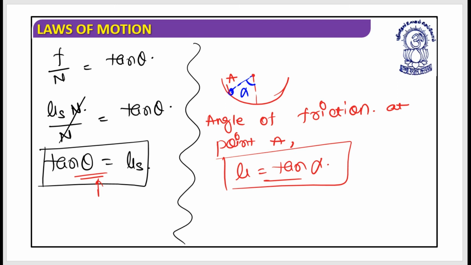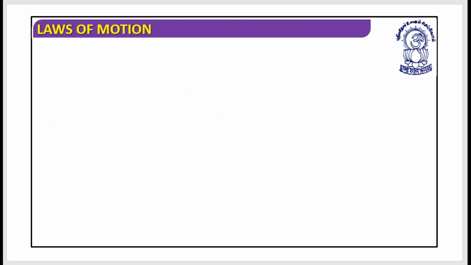Now I want to add two more questions to this. Let's have a look at those questions. Suppose this was the given data: this was the hemisphere, and this was the center.